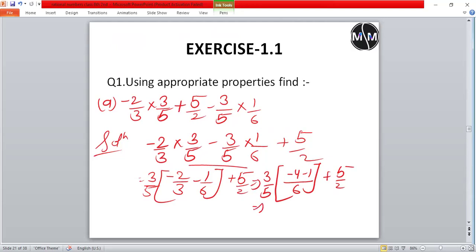We will get here 3 by 5 multiply minus 5 by 6 plus 5 by 2. Here 5 and 5 cancel out, and here we got minus 1. It means we'll get 3 multiply minus 1 by 6 plus 5 by 2.